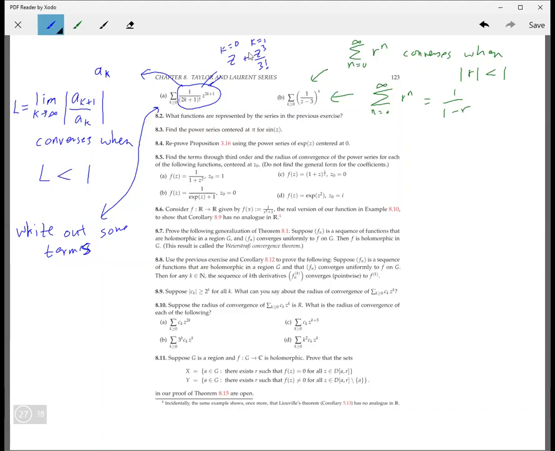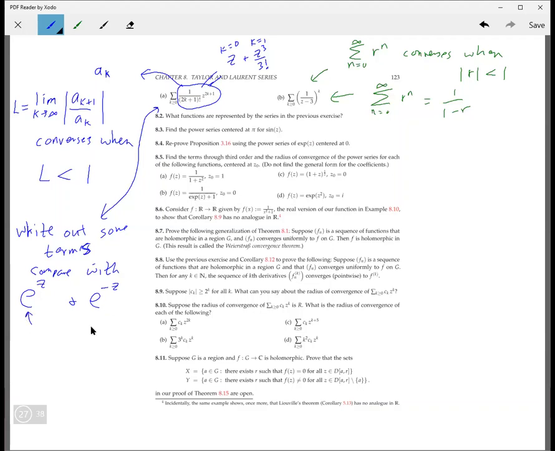Okay, so now do you recognize this at all? Sine. But anyways, I want you to compare this with e to the z and e to the negative z.